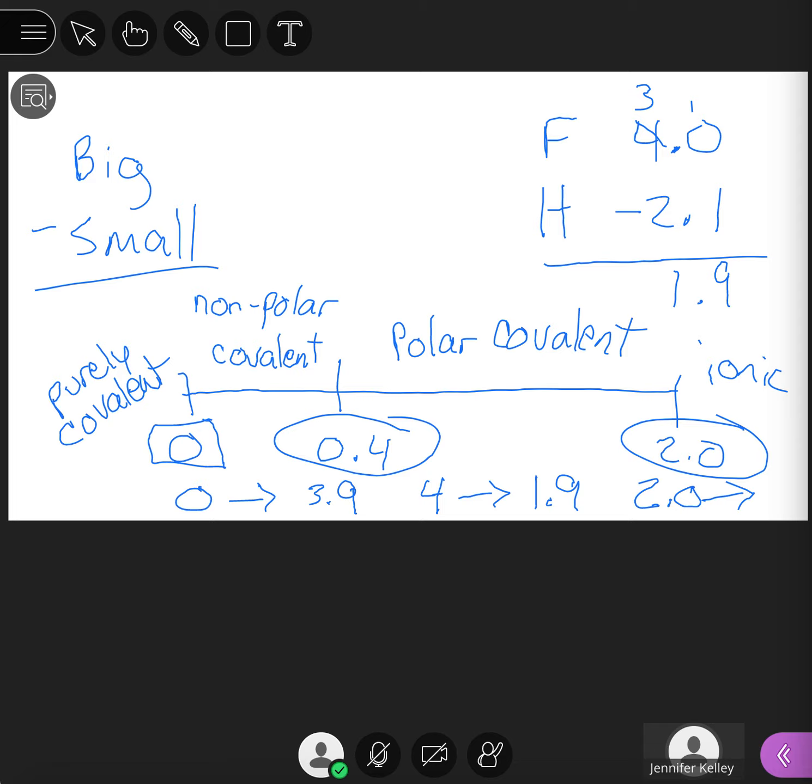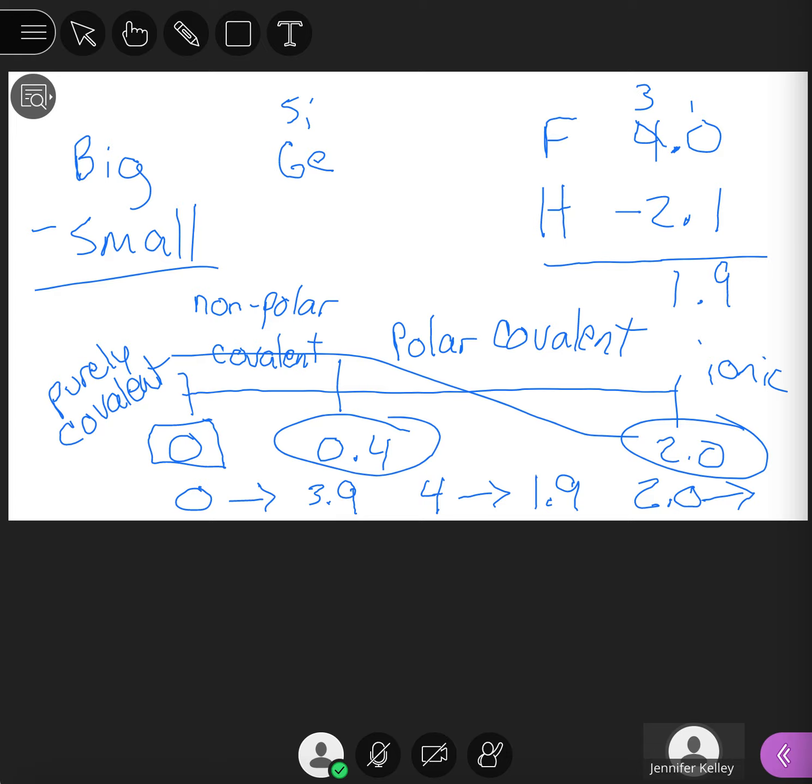Sure, no problem. Let me look and see if I can find that example. Let's see, there are 2 on there that have the same electronegativity value. So for example, there's silicon and germanium, and they're in a column like this.